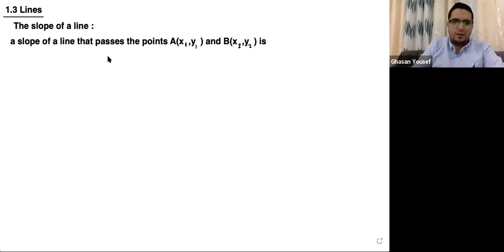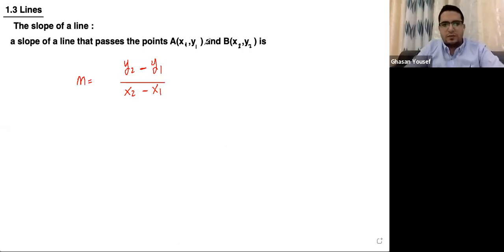The slope is equal to the difference of y, y2 minus y1, over x2 minus x1. So this is the formula of the slope of the line, the difference of the y over the difference of the x coordinate.